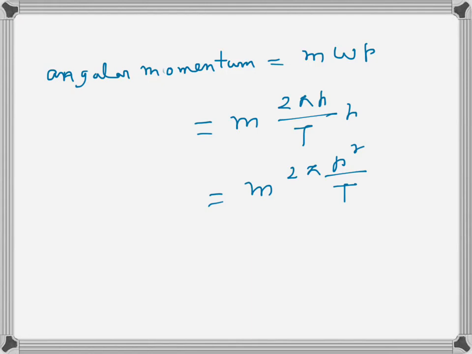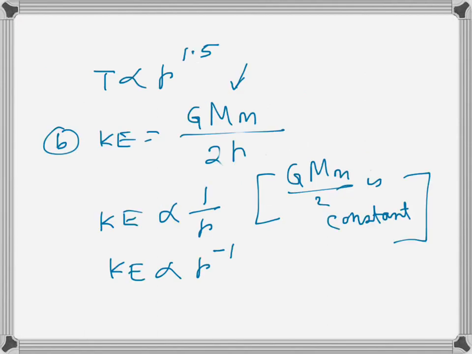Now if we go into proportionality, we can see clearly that this is constant, and for T we don't have to write the total exponent because we are trying to find only how it changes with r. So that's what we want to find: the proportionality with r. This is r squared, and if we recall, T is proportional to r to the power 1.5.